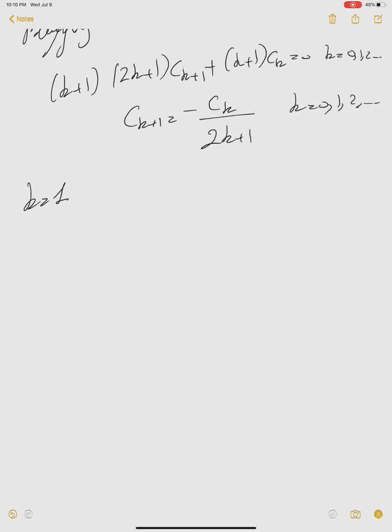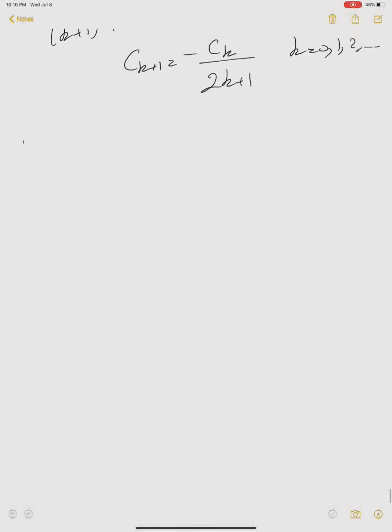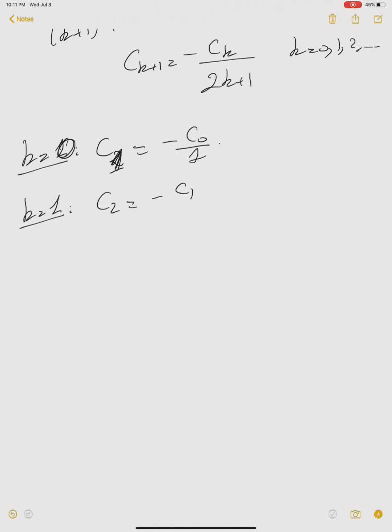And then this is my recursion. I start with k equal 0, and I get c_1 equals minus c_0 over 1. K equal 1, you get c_2 equals minus c_1 over 3, which is c_0 over 1 times 3.